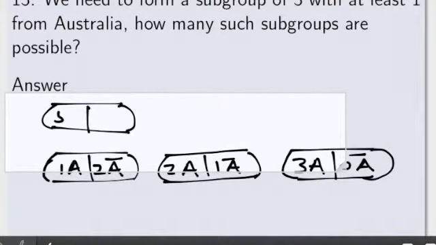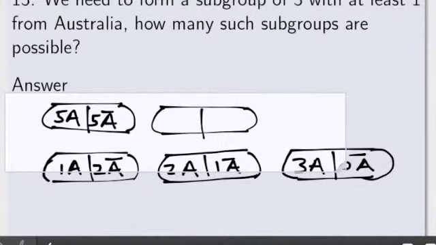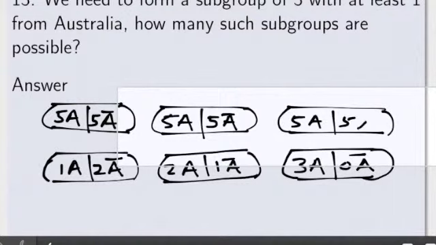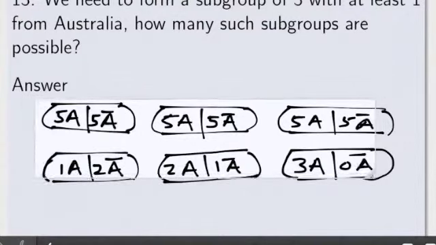The main pool has 5 Australians and 5 non-Australians. Again, our main pool has 5 Australians and 5 non-Australians.